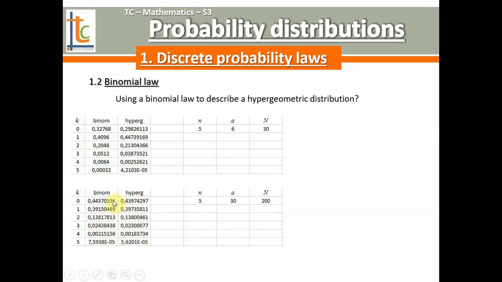Obviously the differences can still be seen, but they are much lower than in the former example. So we can see that if, for example, N in capital begins to be big, binomial or hypergeometric lead to the same kind of results.